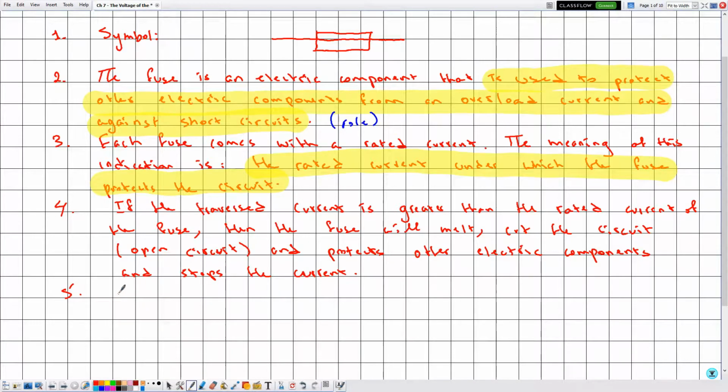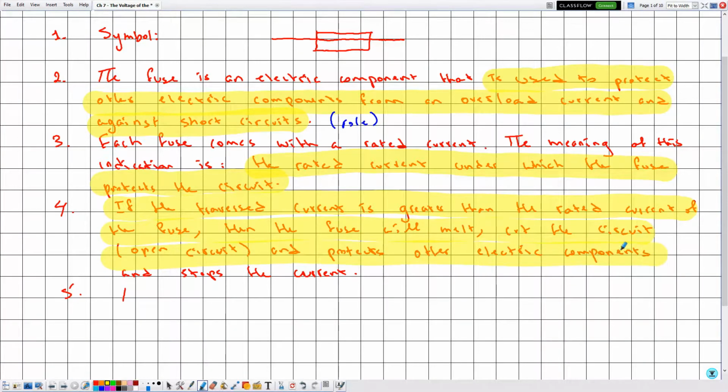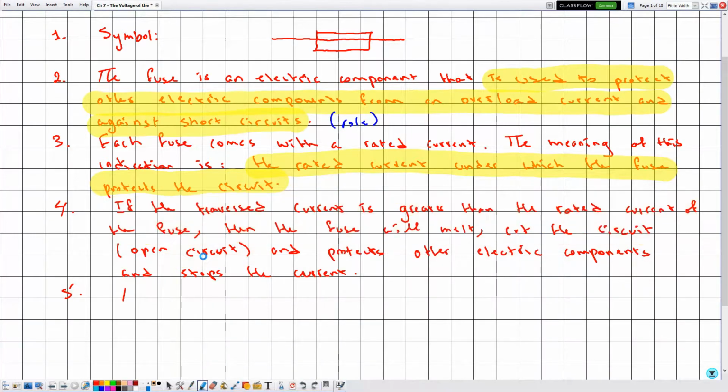Now idea number 5. This is also important, we need to memorize this. So you should memorize this.